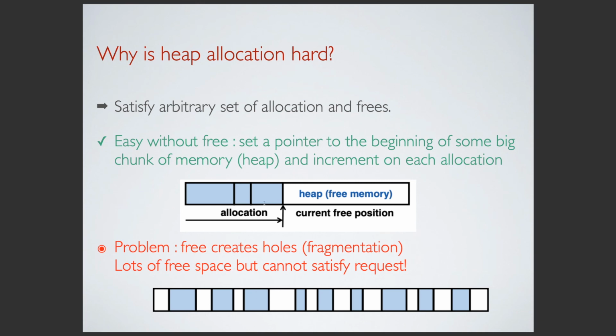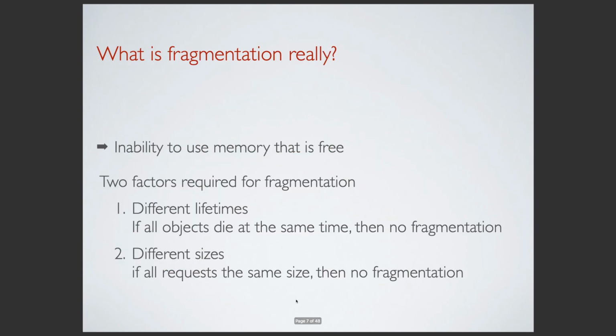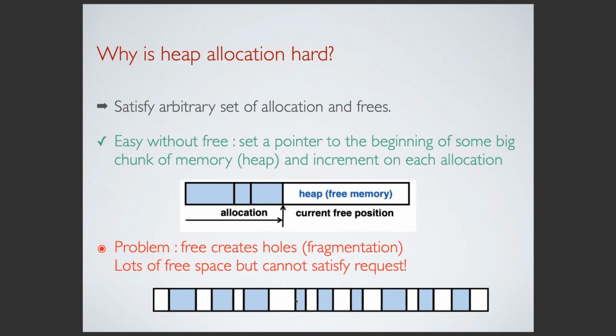So this kind of picture, where we allocate everything contiguously, we can do it for the stack, but we cannot do it for the heap. With the heap, we allocate and then we free and then we reallocate and then we free and so on, and we don't know exactly where to put this stuff. That's why we have a problem, and that's what we're going to talk about today. It's a hard thing, allocating the heap.